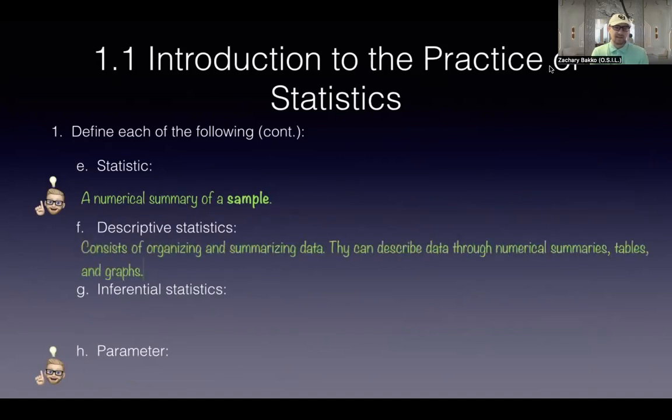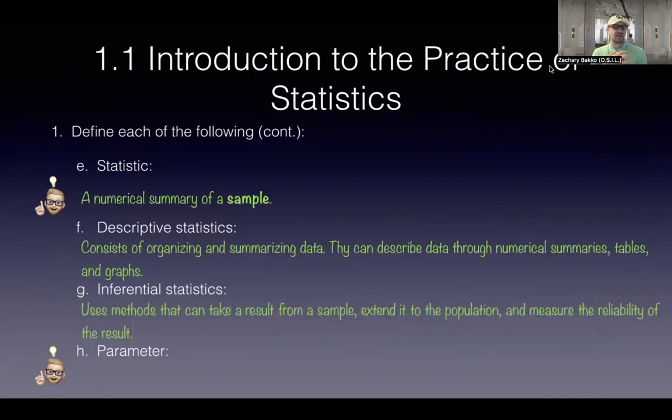Descriptive statistics consists of organizing and summarizing data. They can describe data through numerical summaries, tables, and graphs. So if you've ever seen a pie chart or a bar graph, those are descriptive statistics. Whereas inferential statistics uses methods that take results from a sample, extend it to the population, and measure the reliability of the result.